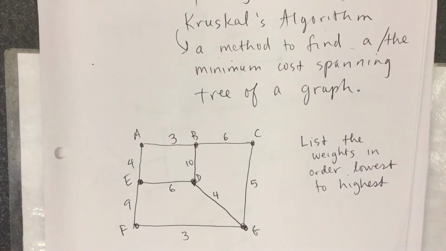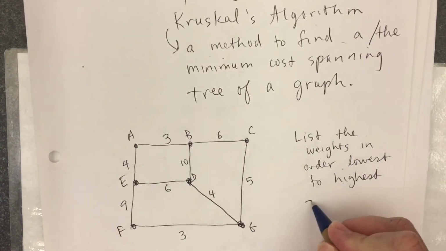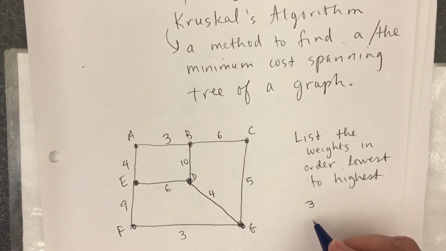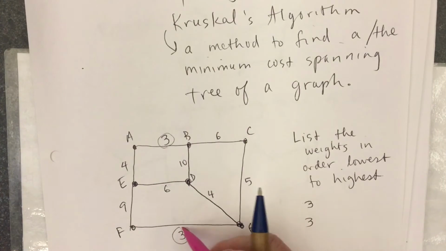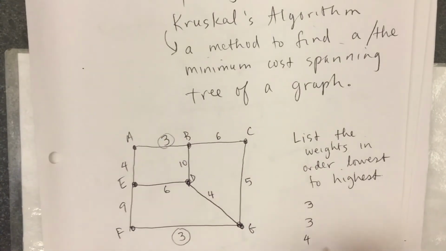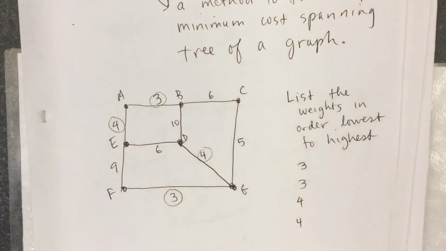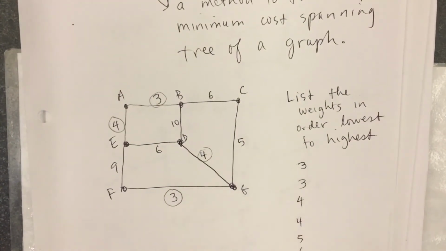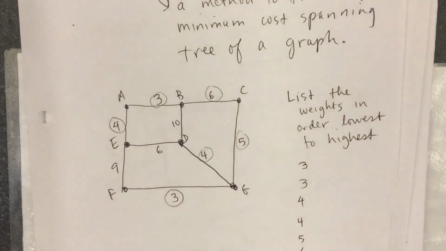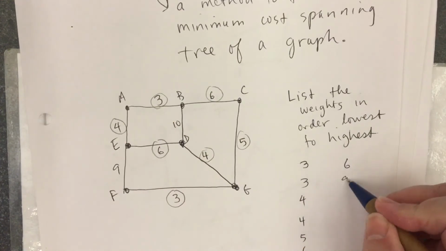I'll usually circle them on the graph when I have them in my list, because if I don't, I'm liable to skip something. I see 3 and 3. There are 2 4s. 5, 6, oh, there's another 6, and then 9 and 10.